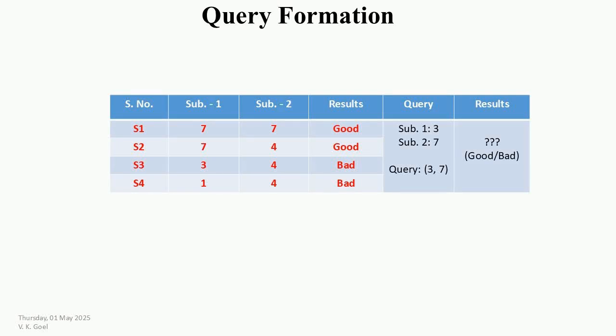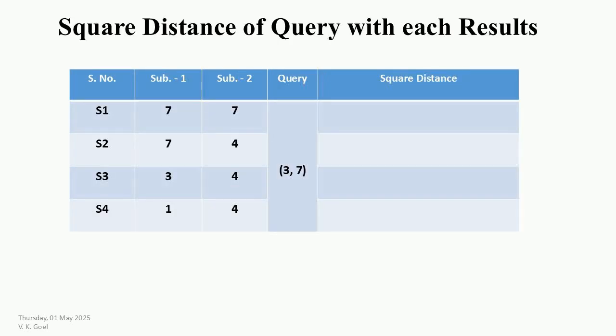The input data and respective labels along with the query are summarized here. Assume that the number of neighbors, that is, K, is 3 here. Computation of square distance between the query and the input features is the primary step in the KNN model. Here, the square distance between the query and the data point S1 is computed.